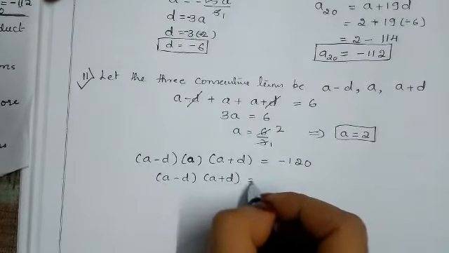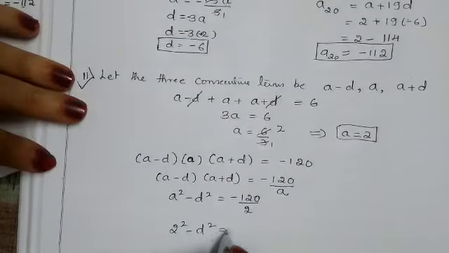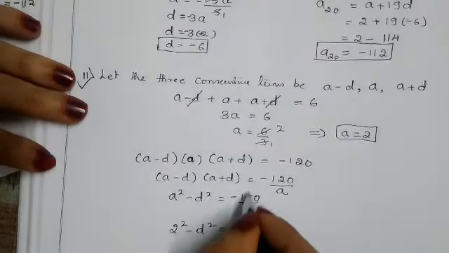The a comes to this side and gets divided. So a square minus d square is equal to minus 120 by a. We already have the a value 2, so substitute it. 2 square minus d square is equal to minus 120 by 2, which is minus 60. 2 square is 4.